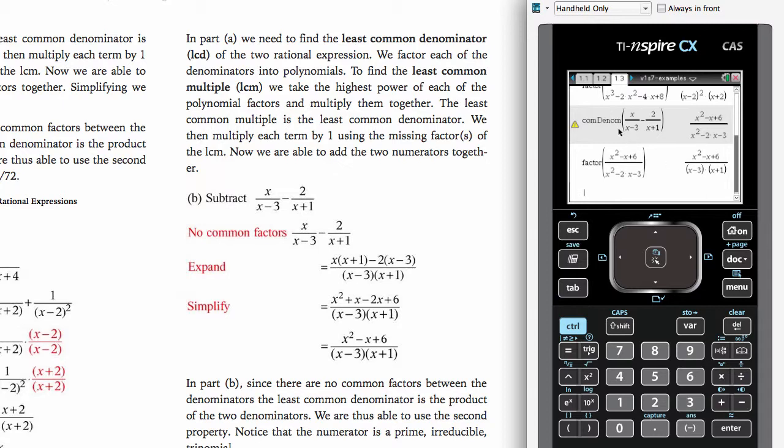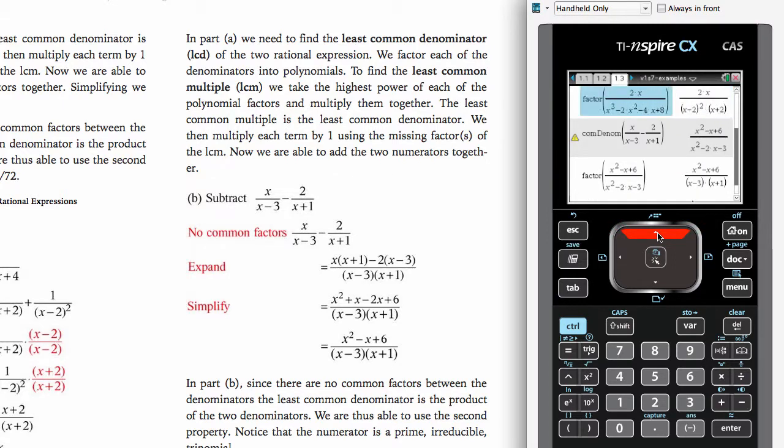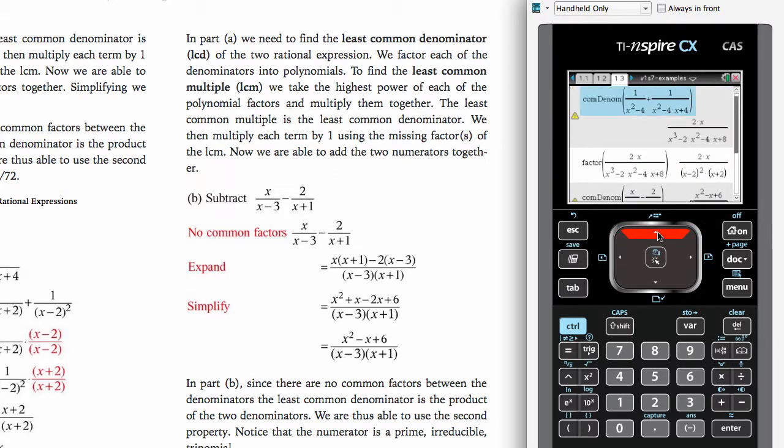We must use the common denominator command, and when we use the common denominator command, it doesn't factor the denominator, so to get our answer to look like what we wrote over here, we had to use factor. Let's scroll up. And again, we see we used the common denominator command.